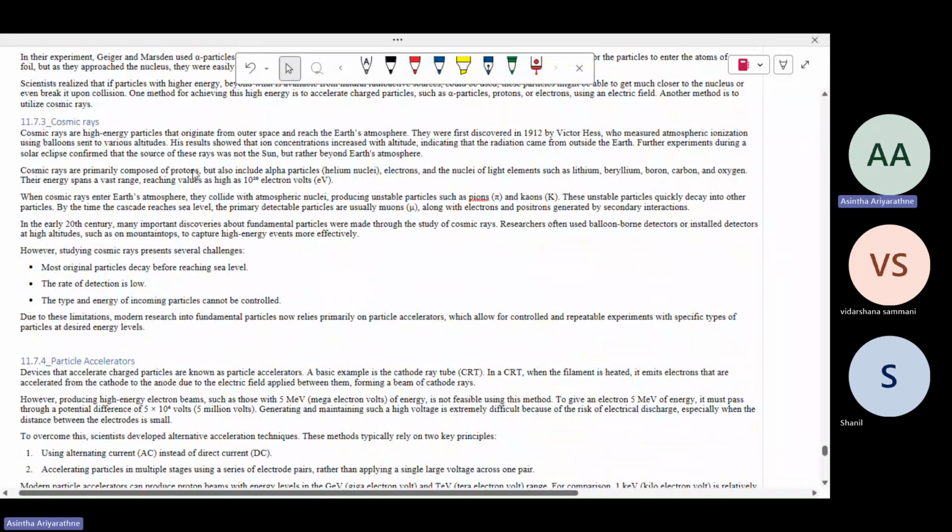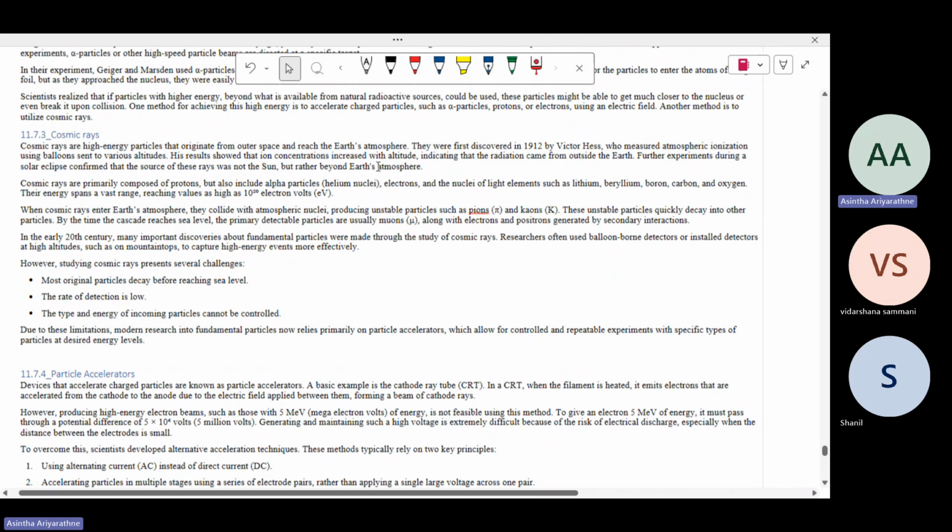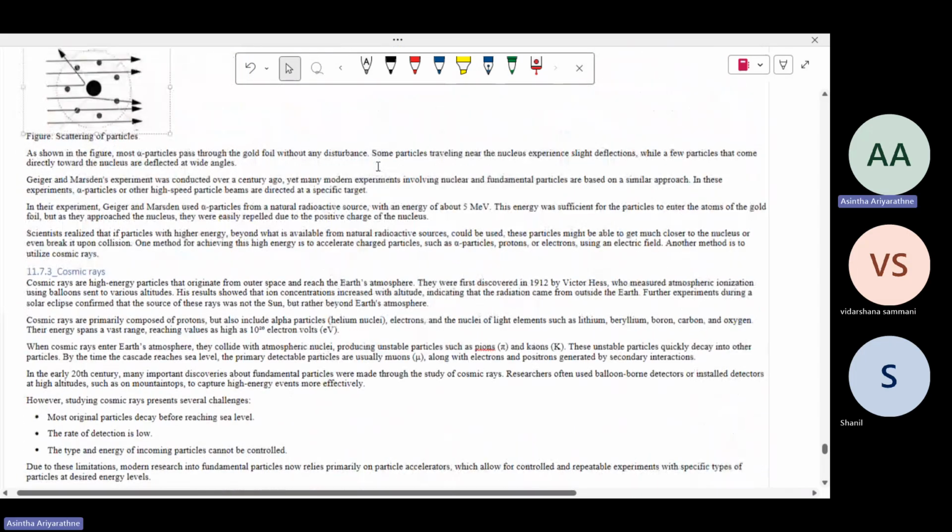And right, this is another phenomenon, cosmic rays. Cosmic rays are high energy particles that originate from outer space and reach Earth's atmosphere. Cosmic rays have very high energy.